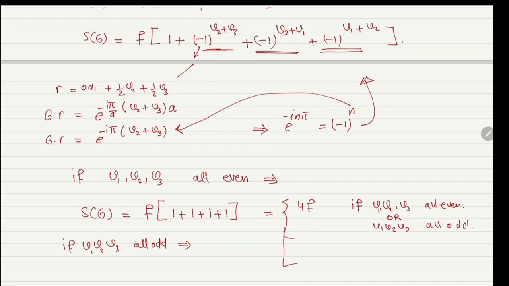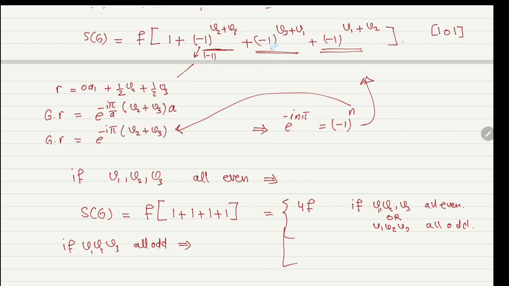Now let's see what will happen if we have mixed numbers, like V1 and V2 even and odd. Let's just pick up numbers 1, 0, 1. So in this case here, V1 is equal to 1, V2 is 0, and V3 is 1. Now V2 plus V3, 0 plus 1, this one here is odd. Minus 1 to the power odd number is minus 1.